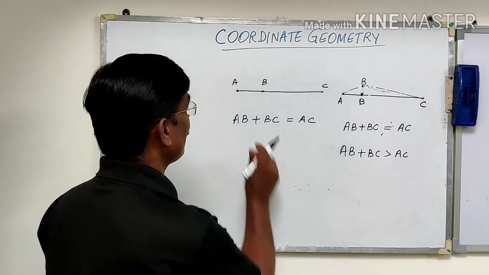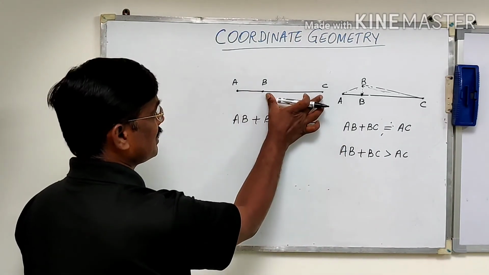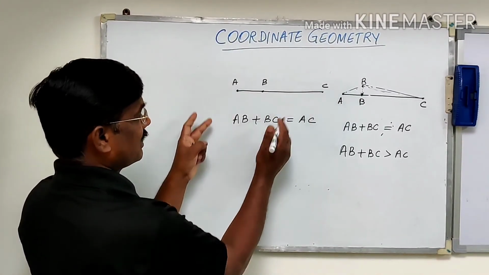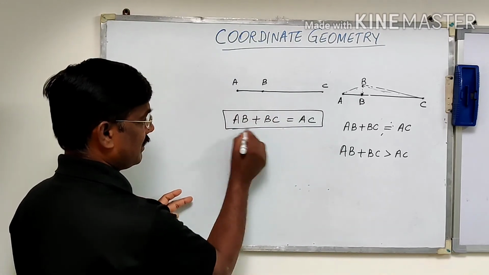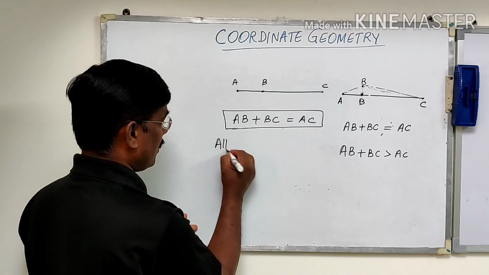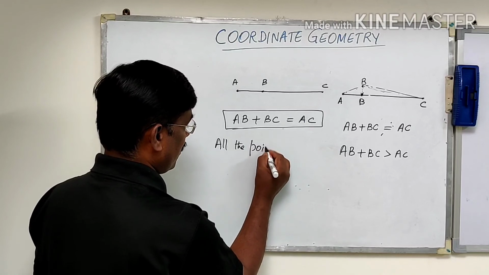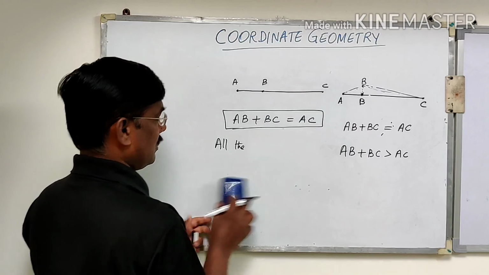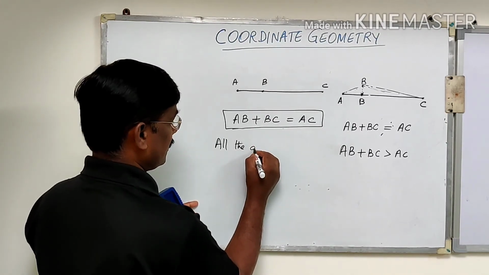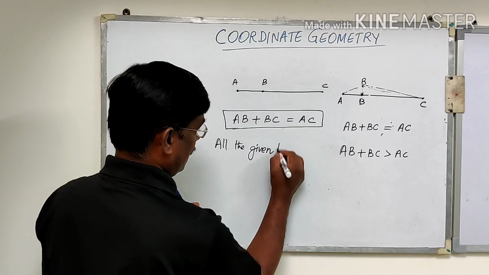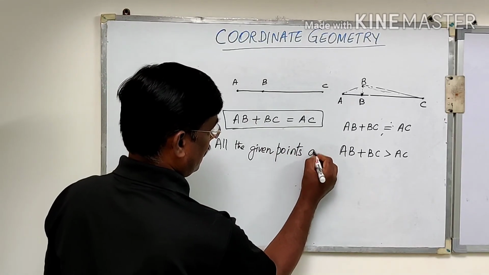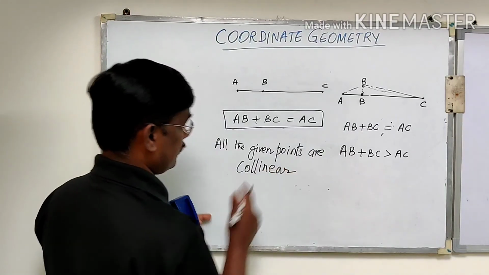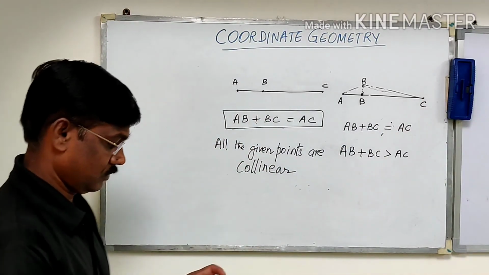Therefore, if the sum of the lengths of these two line segments equals the distance between the end points, and this condition is satisfied, then all the 3 given points are collinear.